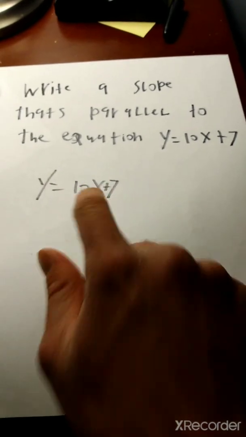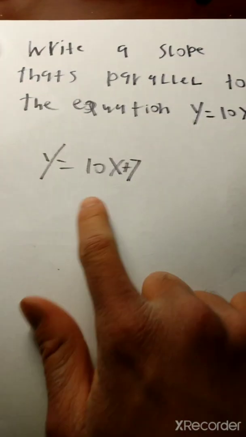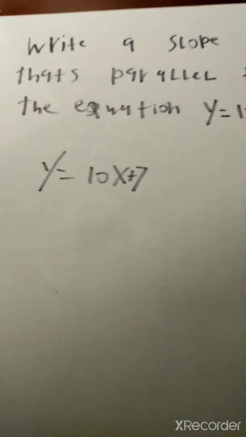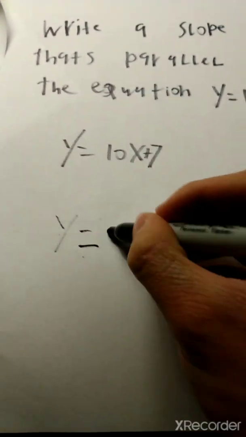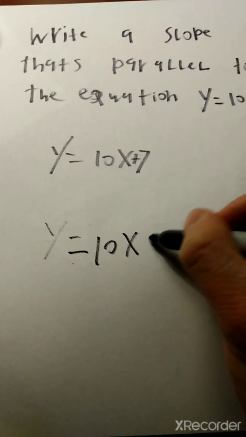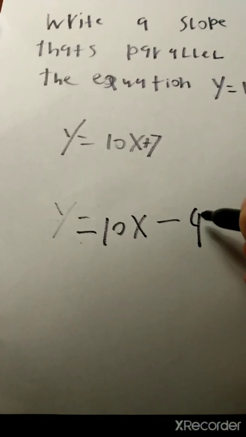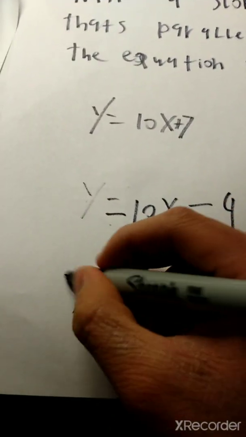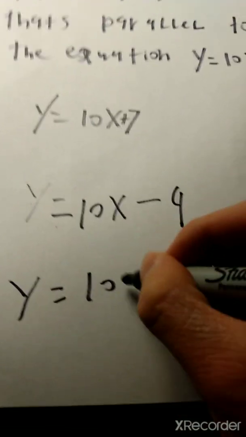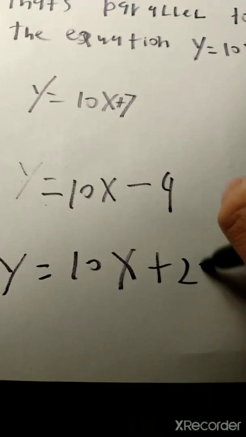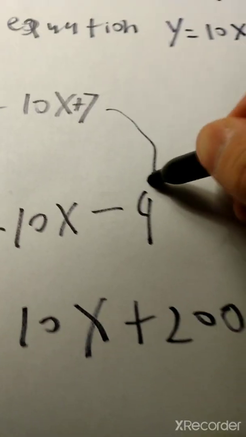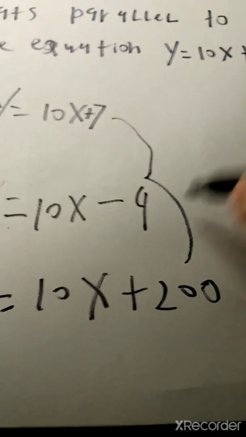We can get creative. Y equals 10x minus 4. That is the same thing. Or y equals 10x, let's get extreme, plus 200. That is the same thing.